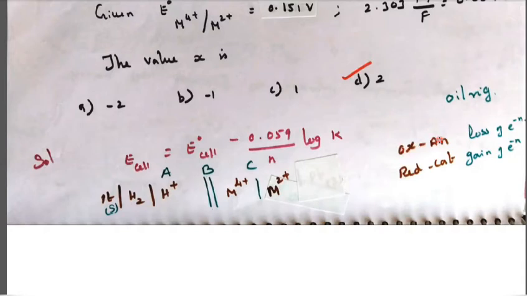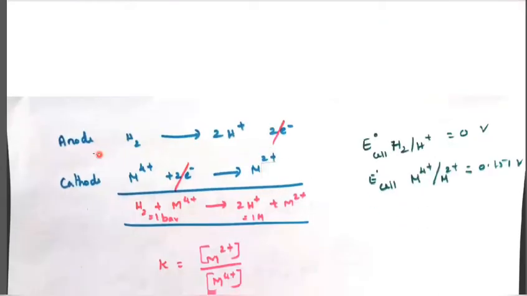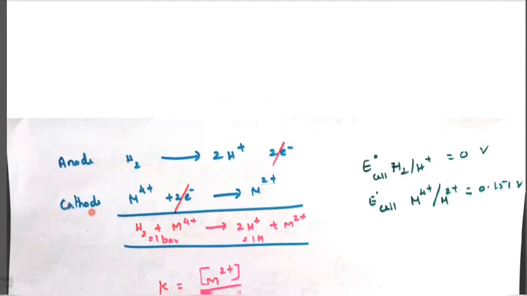Oxidation takes place at the anode, and reduction takes place at the cathode. Oxidation means loss of electrons, and reduction means gain of electrons. So oxidation takes place at the anode and reduction takes place at the cathode.